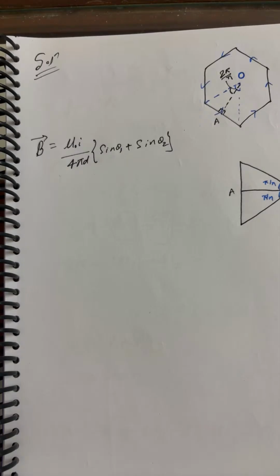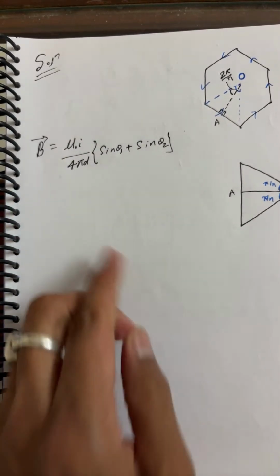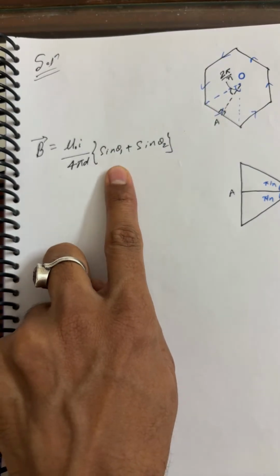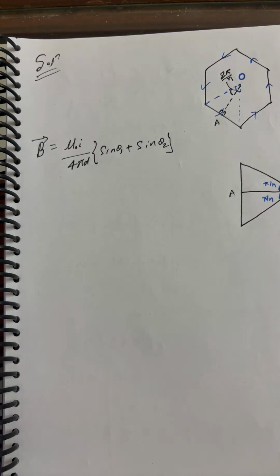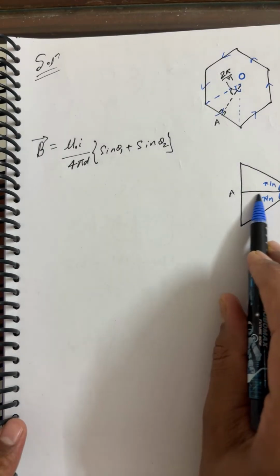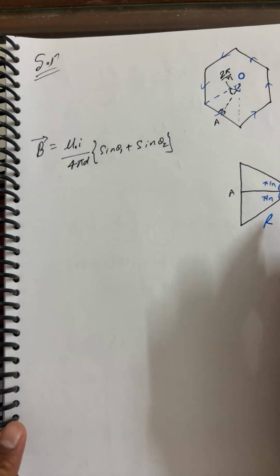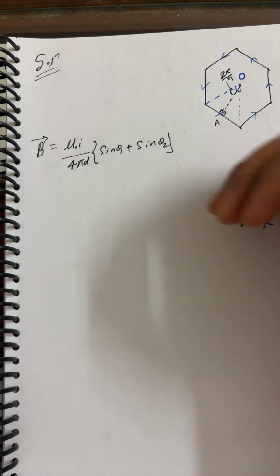Okay, so for this formula, to continue the solution of this question, we must know what is d, what is theta 1, what is theta 2. So d is nothing but the perpendicular distance. Everywhere this remains r only. So you can take the component r cos.